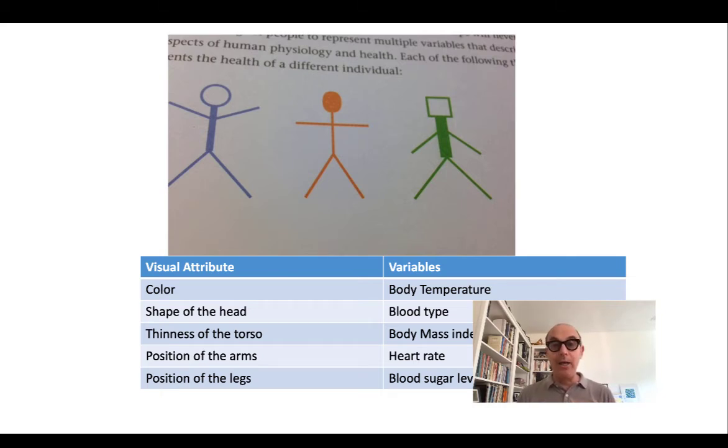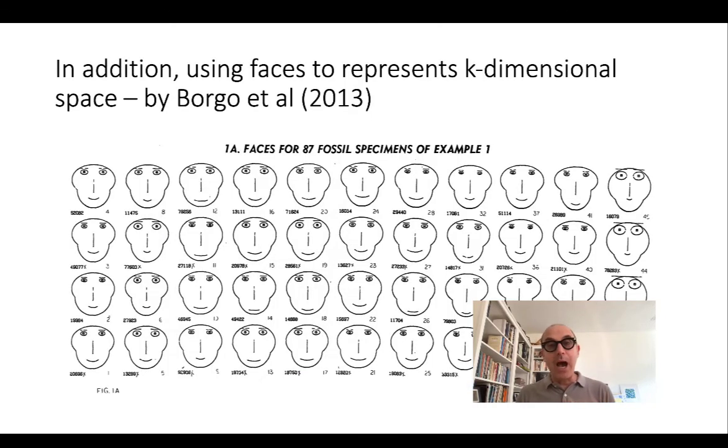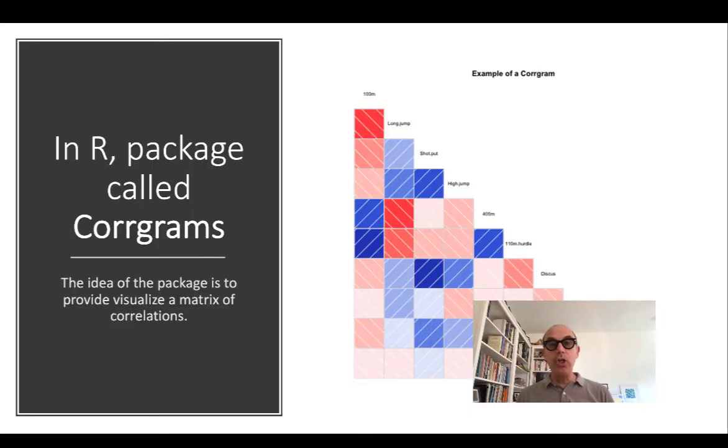So position of the legs, blood sugar level, and how it has been played. In addition, using faces to represent key dimensional space was created in this division. And so again, we are trying to capture multiple dimensions in visualization.